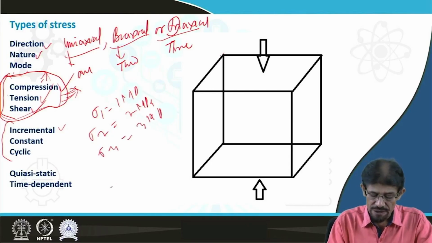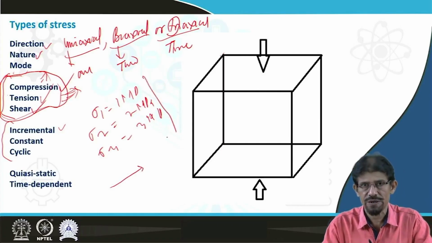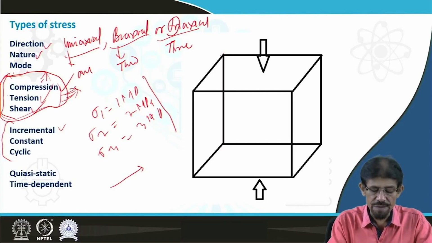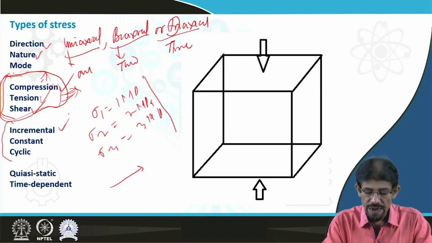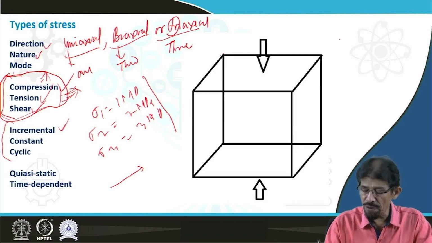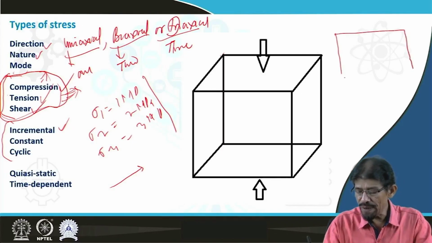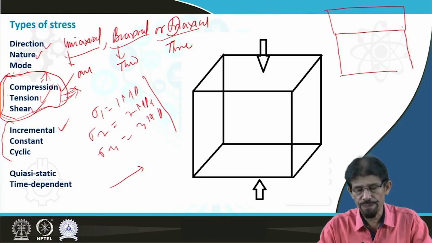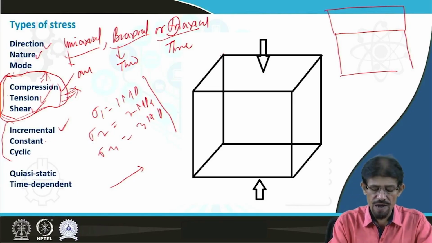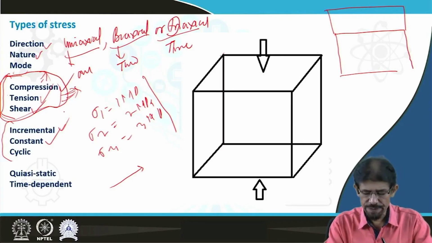So continuously time is increasing and there is an increment in stress. That is incremental in nature. In certain conditions, suppose one rock slab is located below a 10-ton load, then it is a constant type of stress.